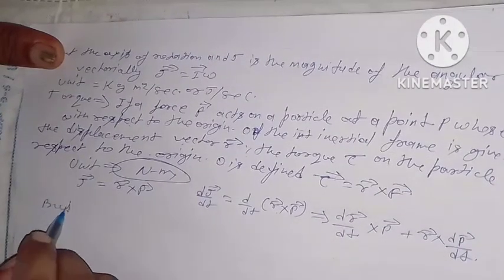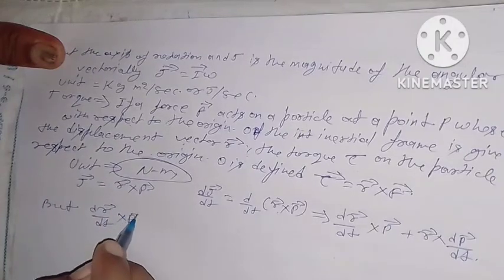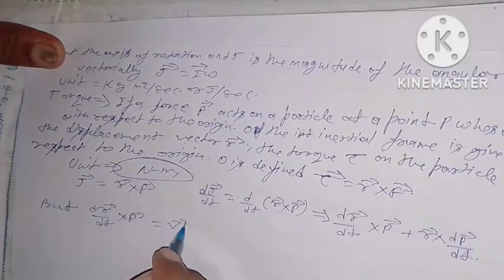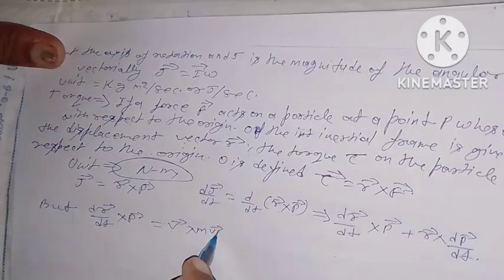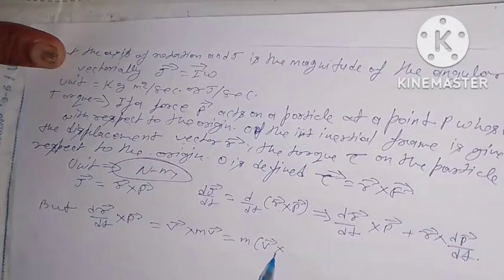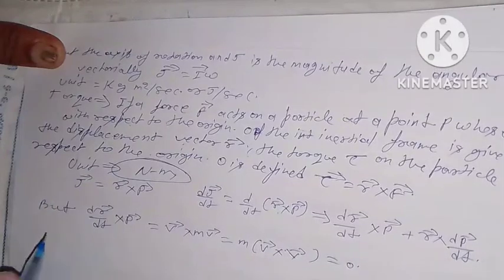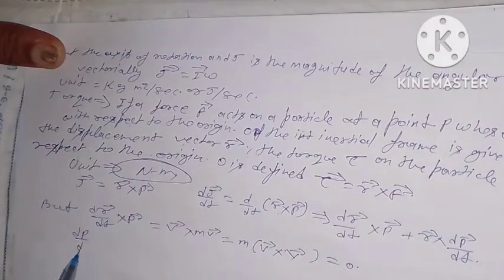But dr upon dt cross vector p equals vector v cross m vector v, which equals m times v cross v, equal to 0.